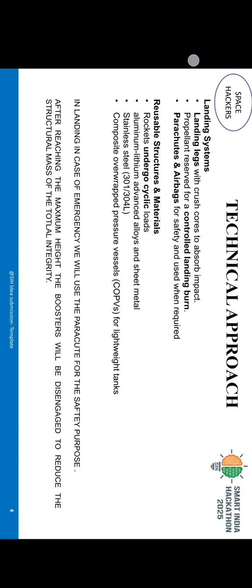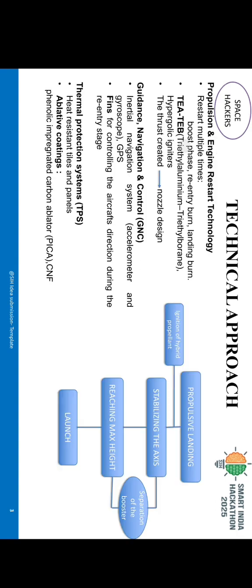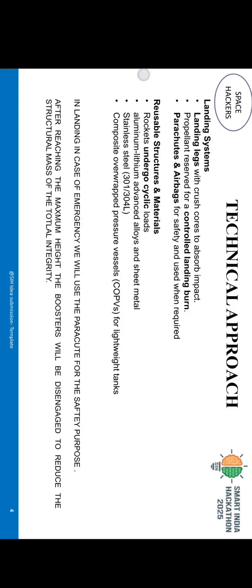These are things which will eventually be present in any type of rocket. The important things in the reusable rocket are the engine restart technology, the landing system, and the reusable structure and materials. These three points are new.